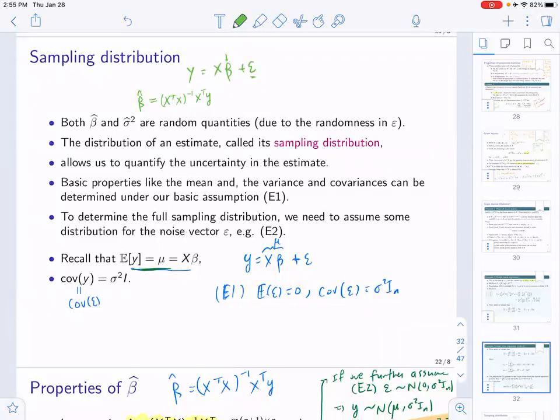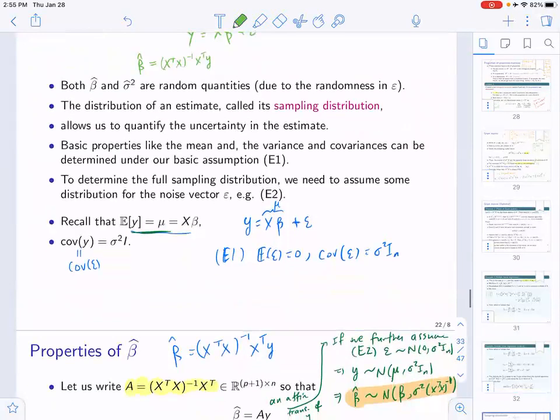because that gives us something about the uncertainty in the estimate. For example, if beta hat was a scalar and I know the distribution, I in particular know the mean and the variance. The mean tells me something about the bias, whether on average I'm going to be correct, and the variance tells me how uncertain the estimate is. This is very useful. I would say maybe the main job of statisticians is to do these things.